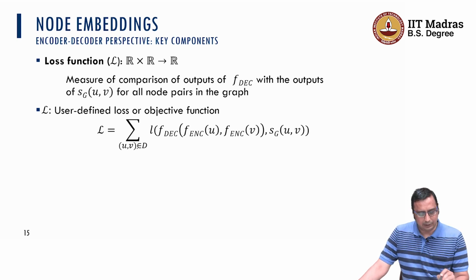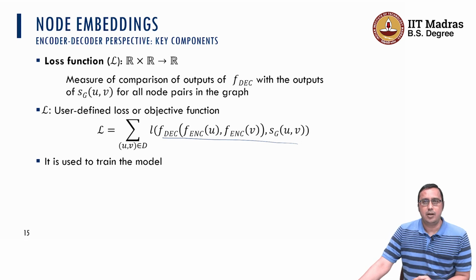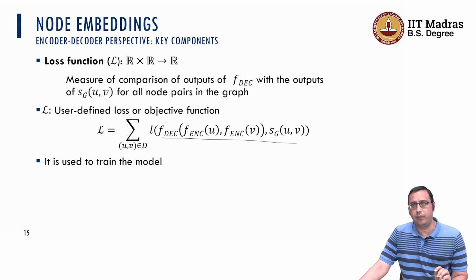So this is a typical user-defined loss function structure. Here we have to define several things, but we'll look at the details in some time. It has all the elements of the encoder-decoder perspective, and it's typically used to train the model, and that's why it is one of the important aspects of our node embedding, or in general graph embedding.